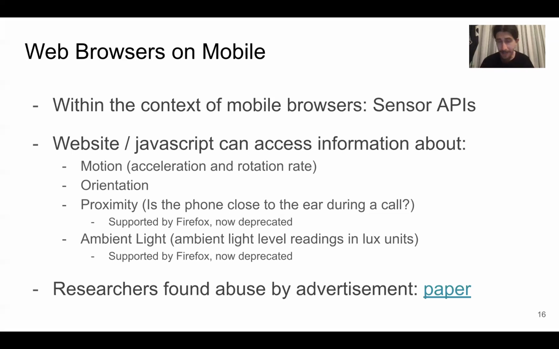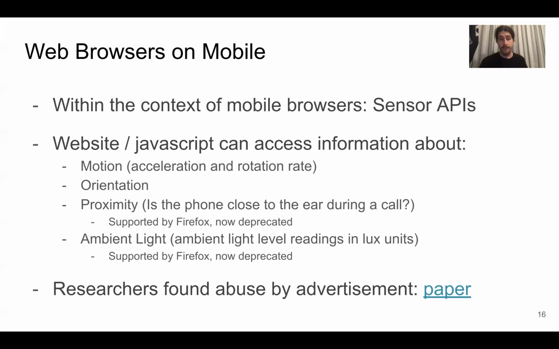There were also some APIs about ambient light, so you can get an idea of how much light there is around. And then people found attacks to abuse these kinds of APIs, and other researchers found that advertising frameworks and things like this were abusing these APIs to leak personal information, or to fingerprint and track the users, even if they didn't know it.